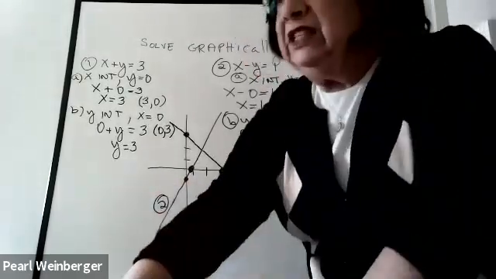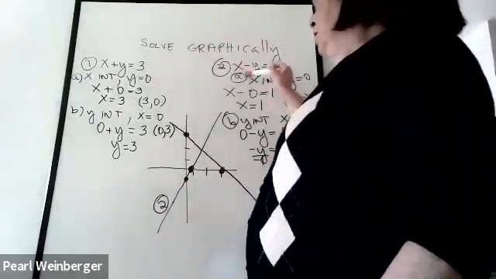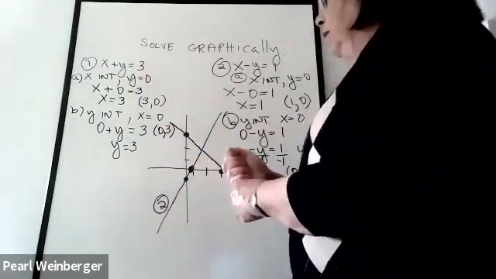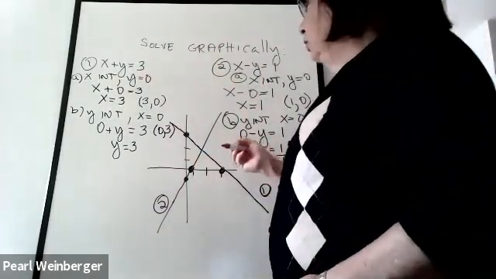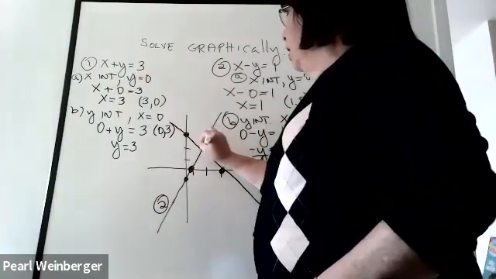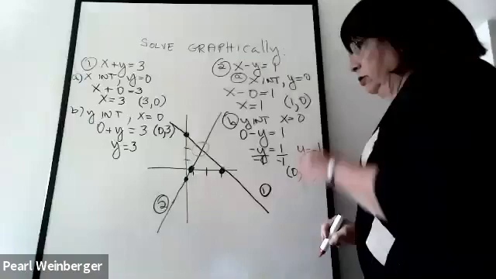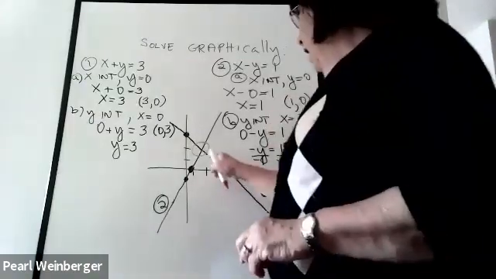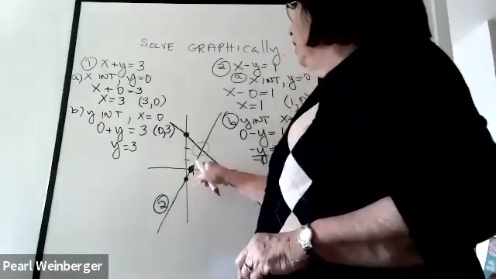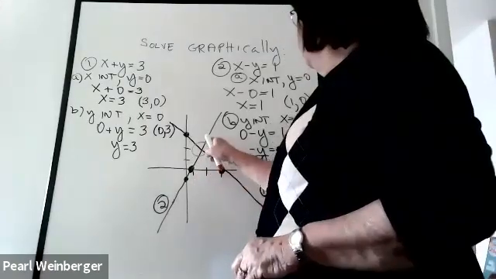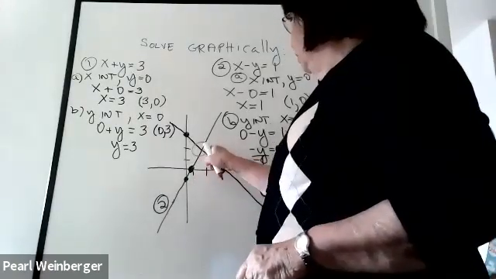And remember, when it says solve the system of equations, what it means is, where are these two lines crossing? What is their intersection point? And if I look at it, it looks like the x is 1, or the x is 2.